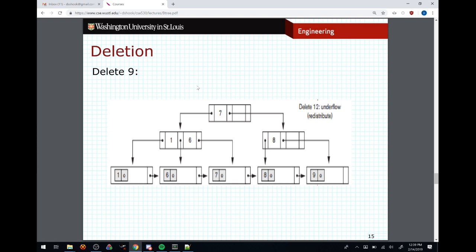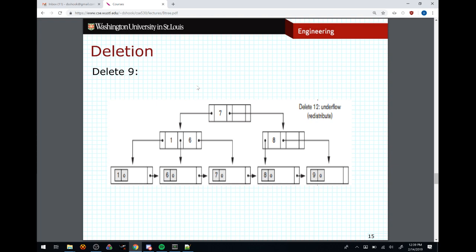Or another way of thinking about it is I should always have 1 fewer search key than I have children. And so at the time, this node had 1 child, which means it should have had 0 search keys, right? And then we fixed that by stealing a search key from another part of the tree. Any other questions?